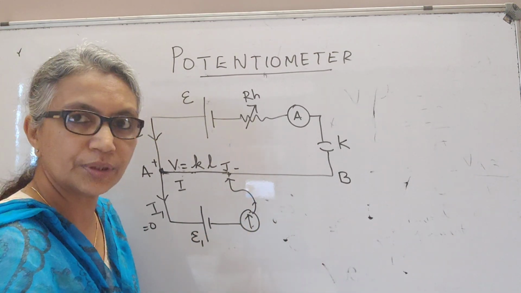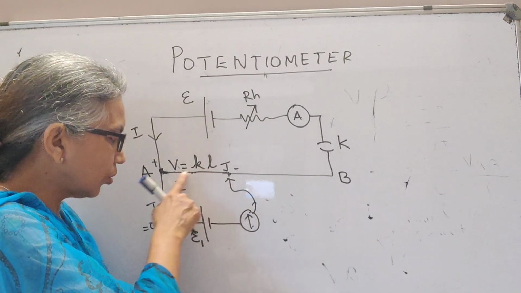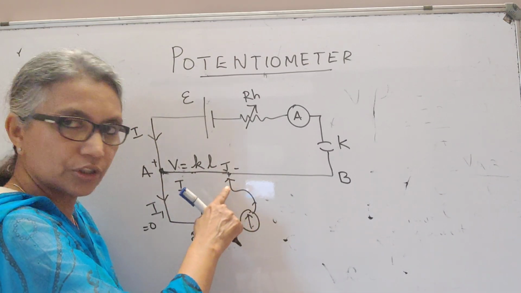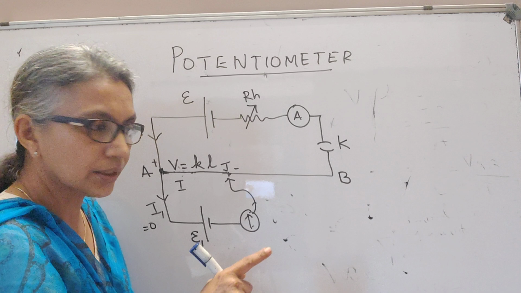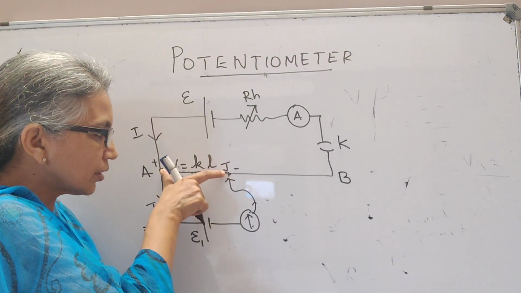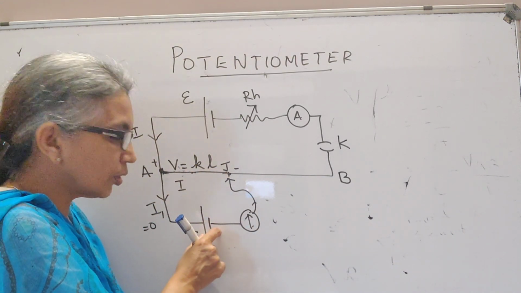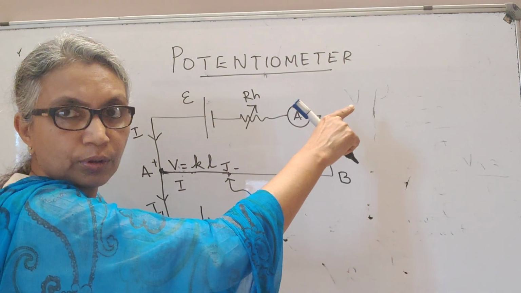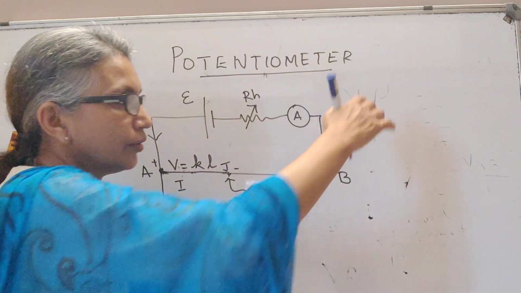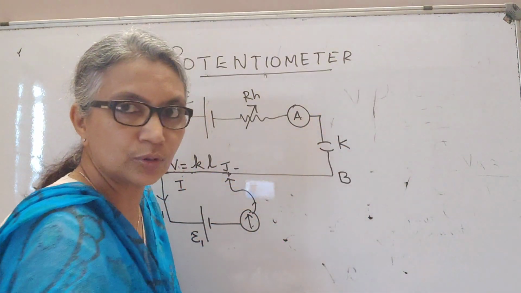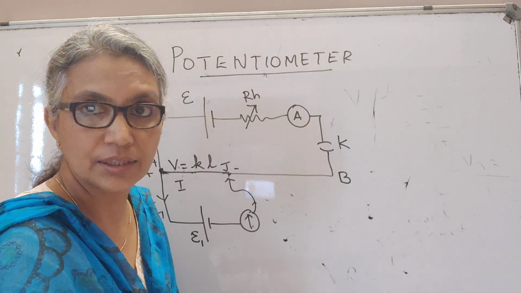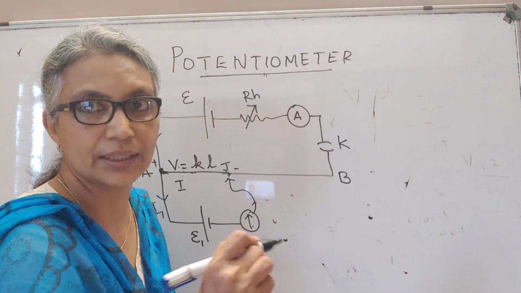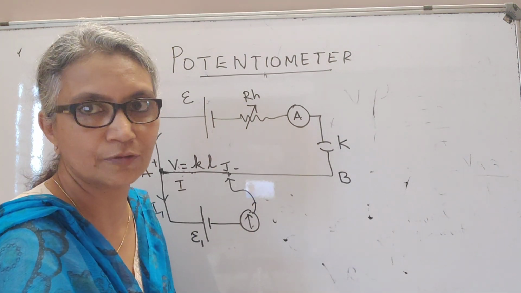The moment my galvanometer shows null deflection, I know that there is no current through this branch. It means that the potential difference across this length of wire must be equal to the terminal voltage of this cell, which is what I told you before, that if you connect two cells across a galvanometer and the current is 0, it means that the two cells have the same terminal voltage.